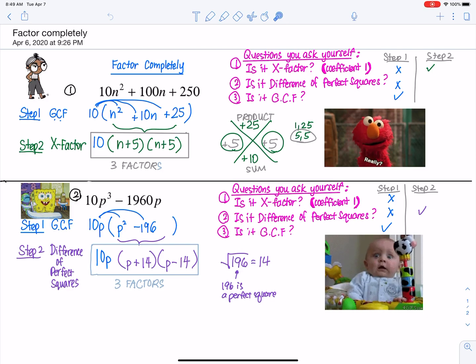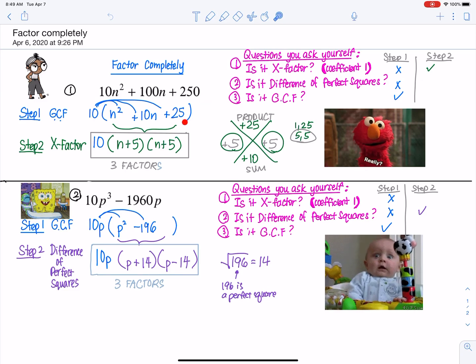Okay, so the next part, we're doing the distributive property. 10 times what term gives you 10n squared? Well, I already have the 10, and so we're missing the n squared. Next, 10 times what term gives you positive 100n? And that is positive 10n. 10 times what term gives you positive 250?